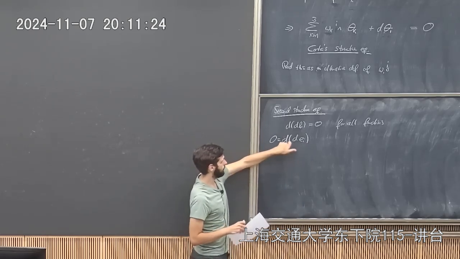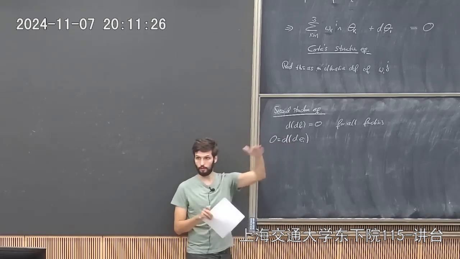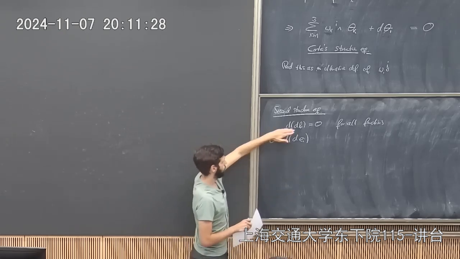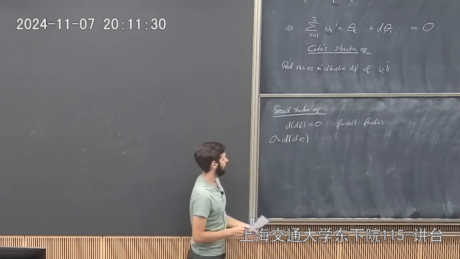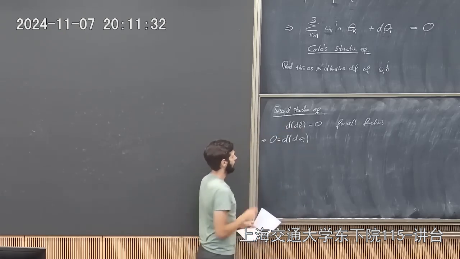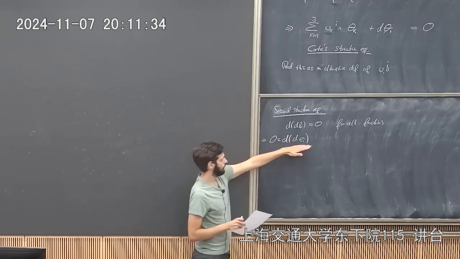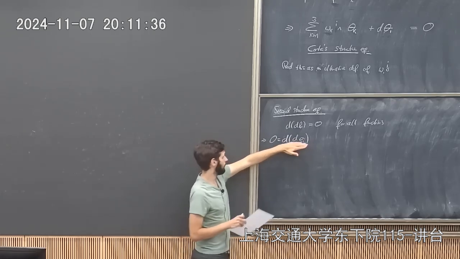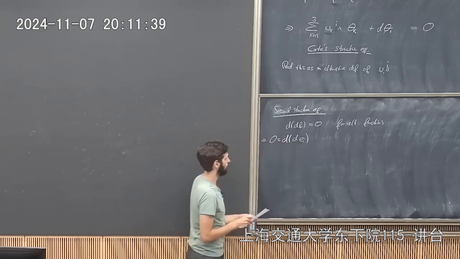Just by the definition of d, which was saying we take the components and then we apply it in each component. So we now apply this function in each component, so we get 0. So let's see what happens if you plug in the definition of E1 here.